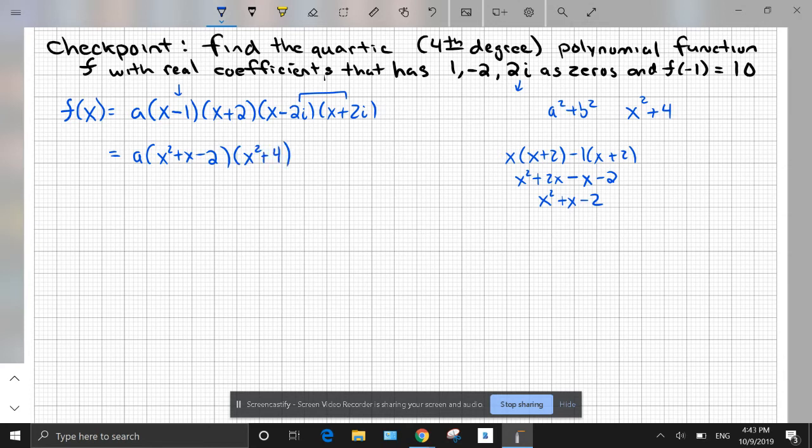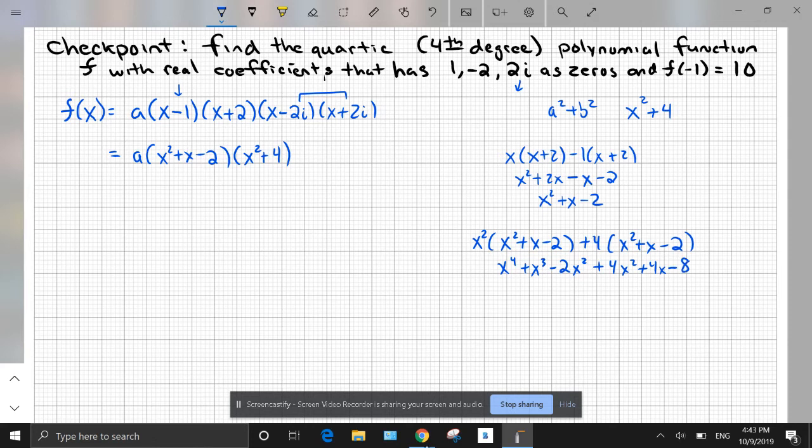We could focus on the second factor. So we say x squared times our first, so x squared plus x minus 2. Now we have plus 4, so plus 4. Go ahead and distribute for x to the fourth plus x cubed minus 2x squared plus 4x squared plus 4x minus 8.